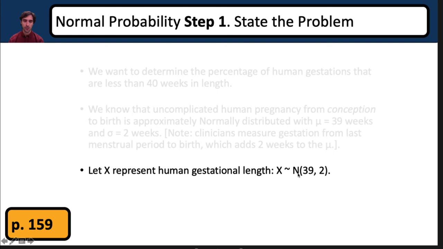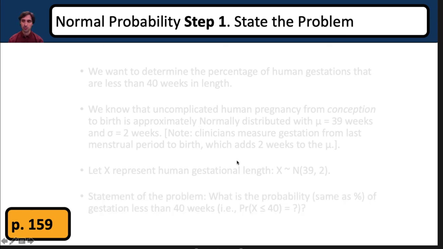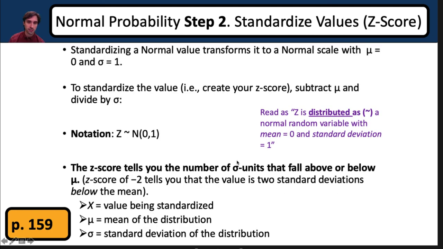So we have 39 weeks average, and 2 weeks as a standard deviation. Statement of the problem is, what is the probability that the gestation is less than 40 weeks? So let's get to a visual of this.